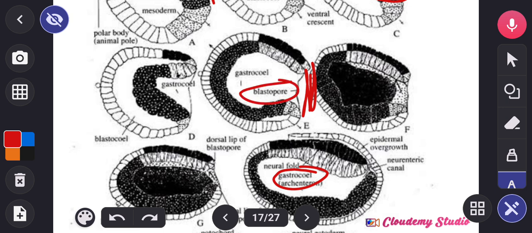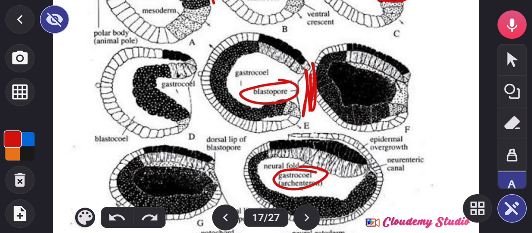So, what is happening here? Invagination leads to the formation of a cavity. This cavity is what we refer to as the archenteron. The archenteron is open to the external surface called the blastopore. You understand? So, the blastopore denotes the pathway by which the endoderm and the mesoderm pass to the interior.